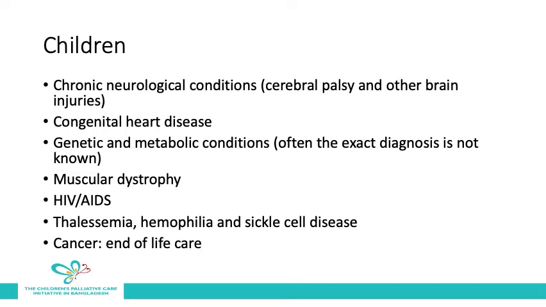These include children with cerebral palsy and other brain injuries. Additionally, you may see children with congenital heart disease, genetic or metabolic conditions, often in situations where the exact diagnosis is not known. You may also have children with muscular dystrophies or conditions of muscle weakness, HIV/AIDS, thalassemia, hemophilia, and sickle cell disease. And children with cancer may be in home care-based programs, but typically only for end-of-life care.